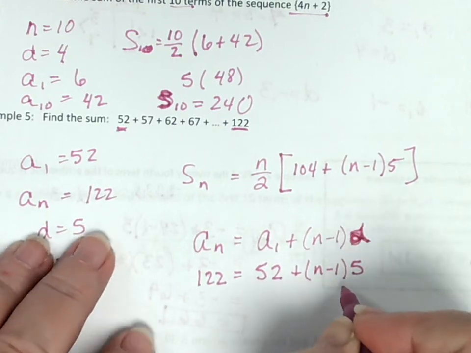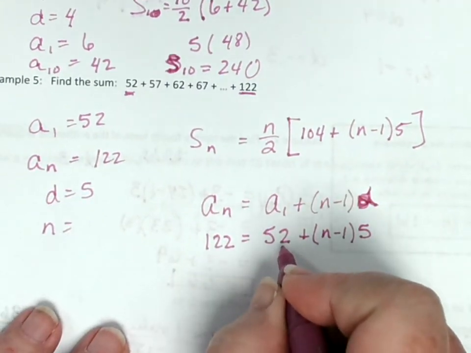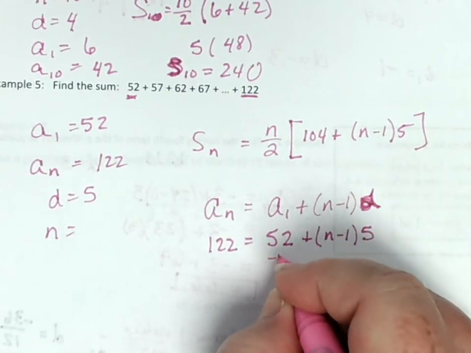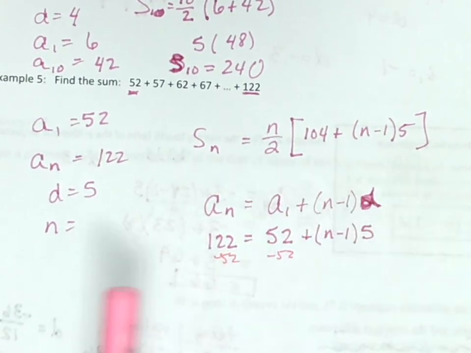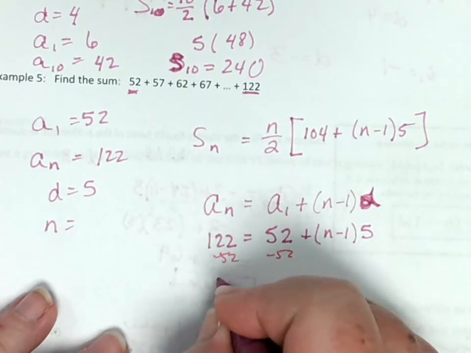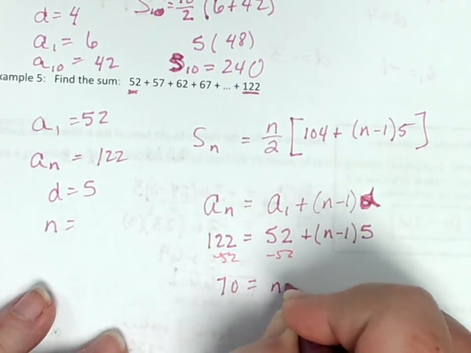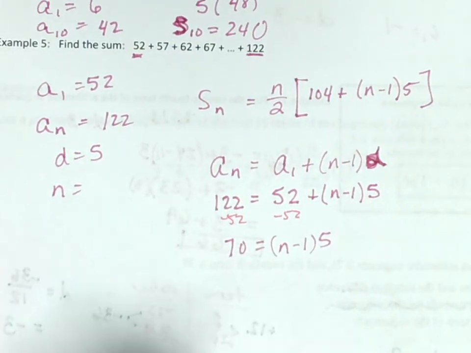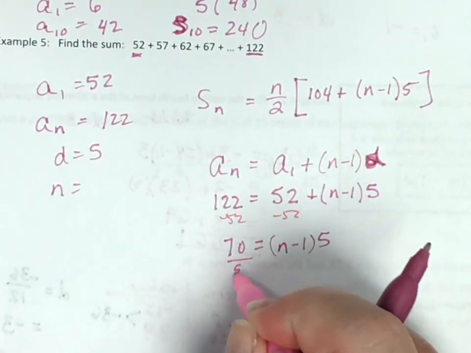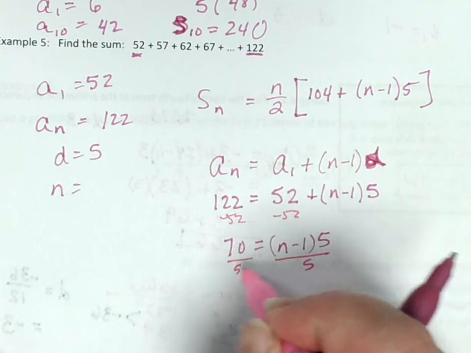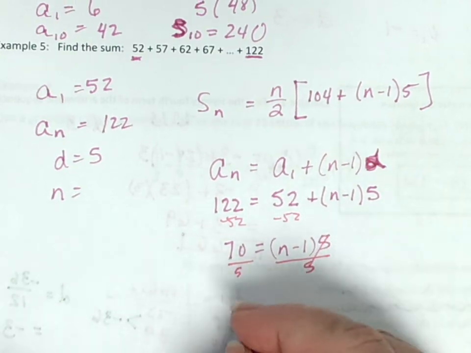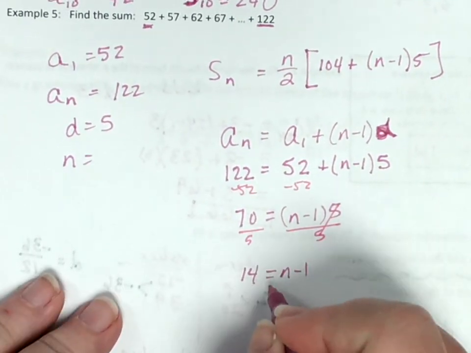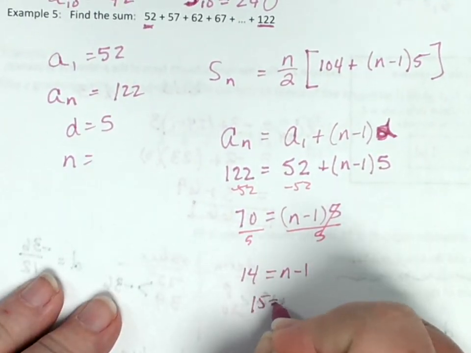The 5 was the common difference. I'm going to subtract 52, and I'm going to get 70 equals n minus 1 times 5. Let me divide by 5 on both sides of the equal sign, and I will get 14 equals n minus 1. Add 1 to both sides, 15 equals n.